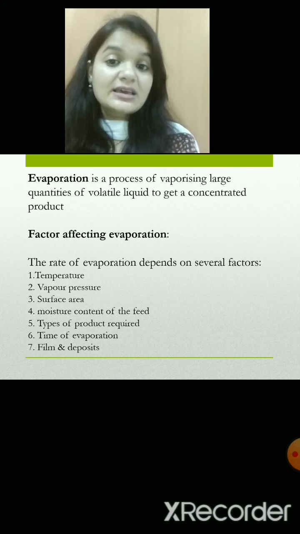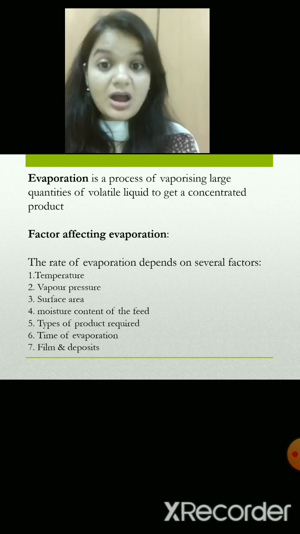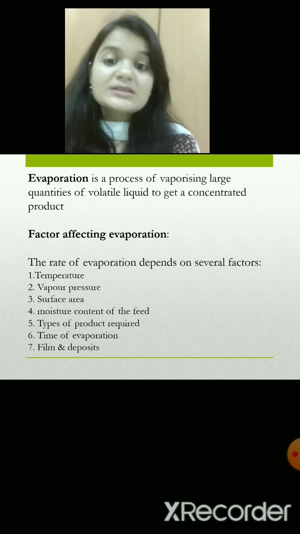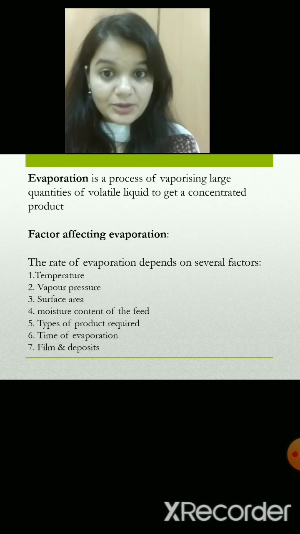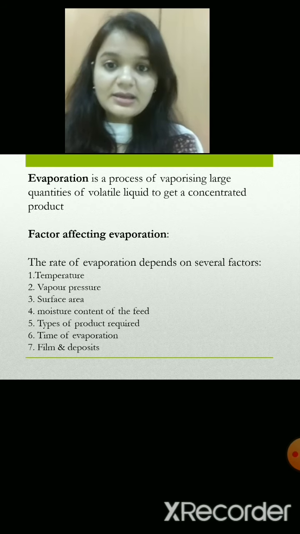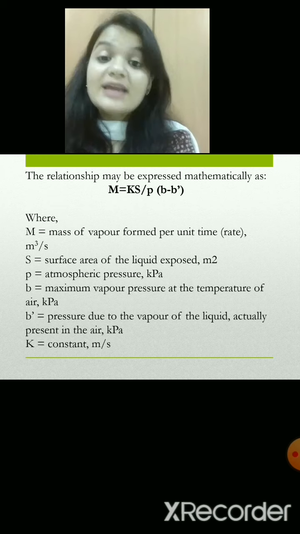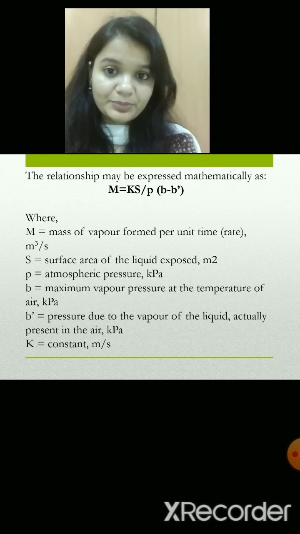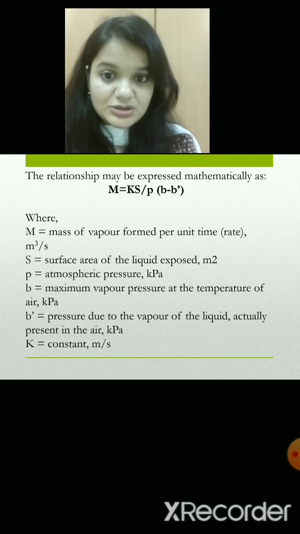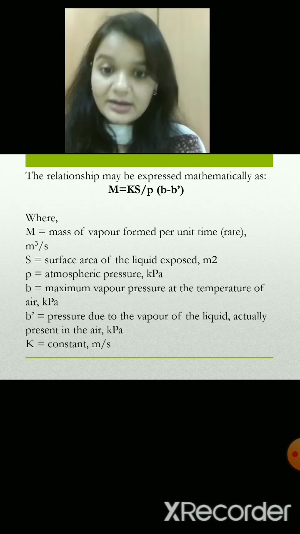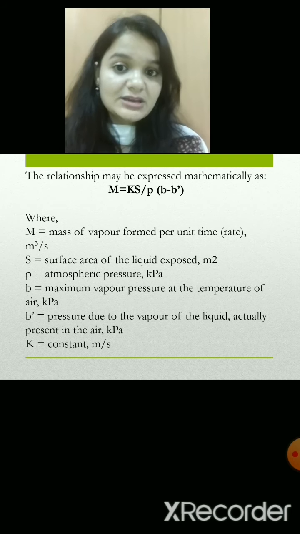As you can see, the different kinds of factors are enlisted like temperature, surface area, moisture content, vapor pressure, time, film and deposits, etc. This can also be explained mathematically, as you can see on your screen, there is the equation m = Ks(ρ)(b − b'), where m represents rate of evaporation, K is constant, S is surface area, ρ is atmospheric pressure, while b is the vapor pressure of the air, while b' is the vapor pressure of that particular liquid which is exposed to the evaporation process.